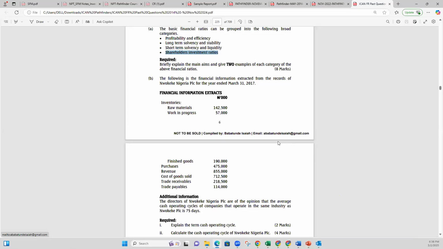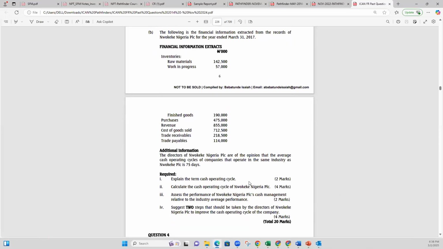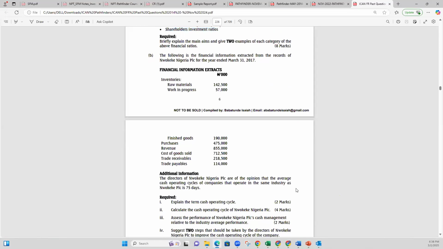All stated there: inventories, finished goods, purchase, revenue, cost of goods sold, trade receivables, and trade payables. Additional information. The directors of ACCA Nigeria PLC are of the opinion that the average cash operating cycle of companies that operate in the same industry as ACCA PLC is 75 days.